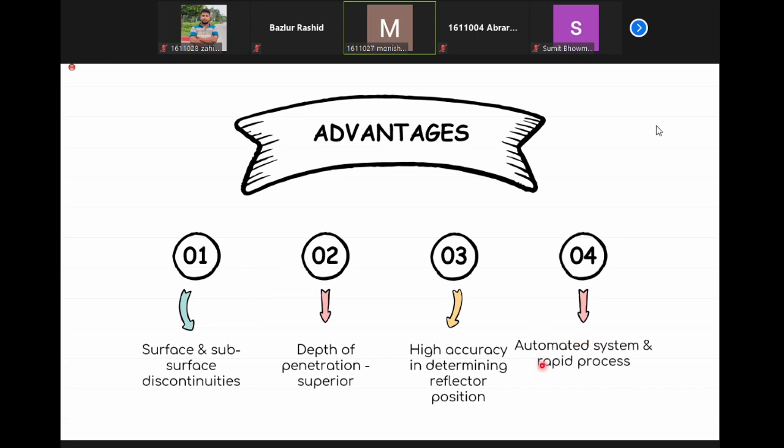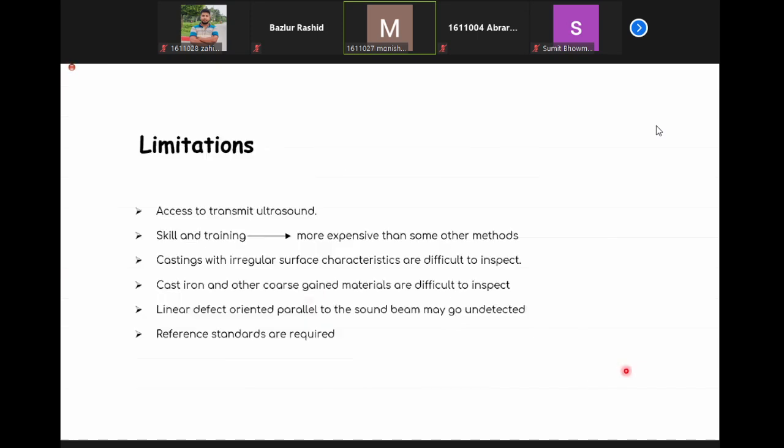Finally, it is an automated system and completely rapid. The limitations are that not all materials respond to ultrasound, and special training is required. Irregular surfaces or cast irons and other coarse-grained materials are unresponsive to this, and cracks lying parallel with the beam may go undetected, same as in radiographic inspection.